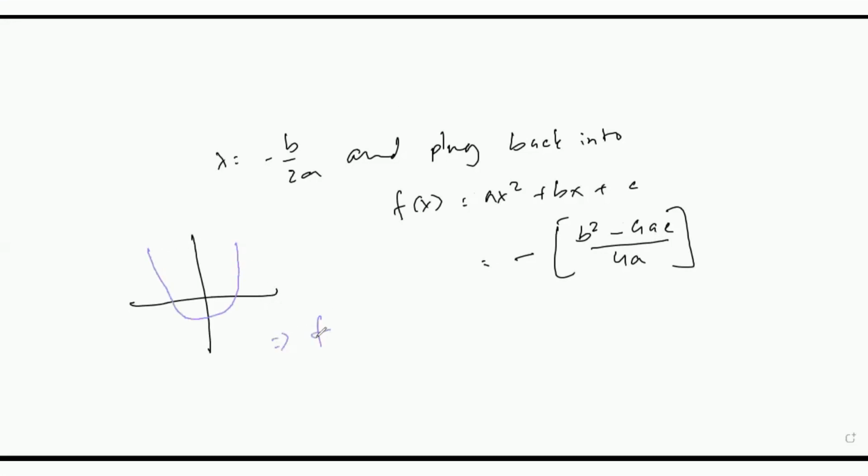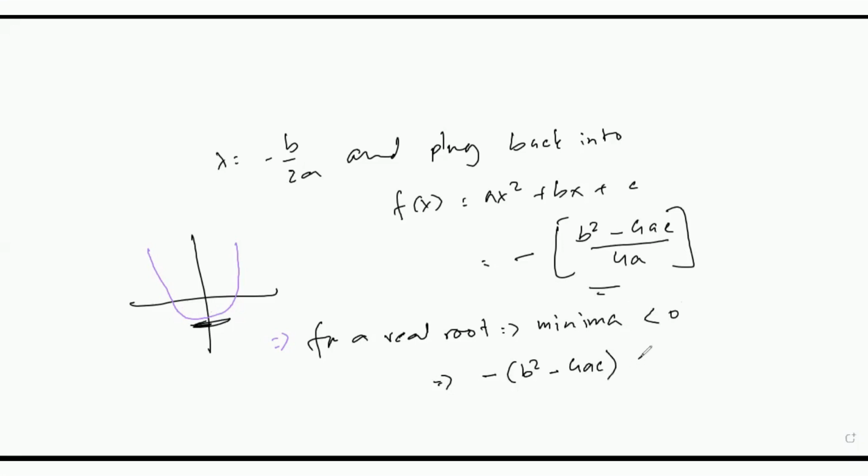So for a real root, we need that the minima here is less than 0, and that would mean that minus b squared minus 4ac over 4a is less than 0.